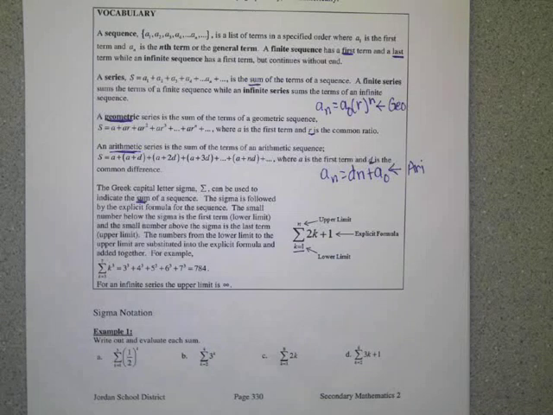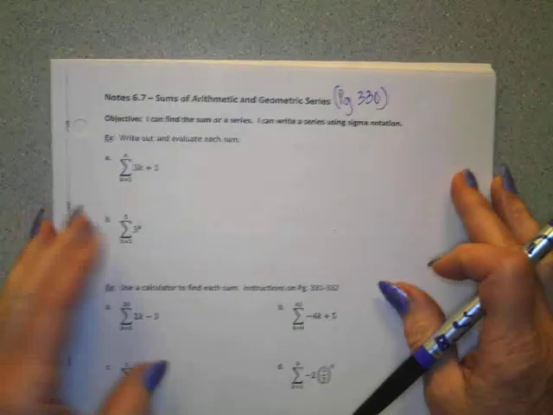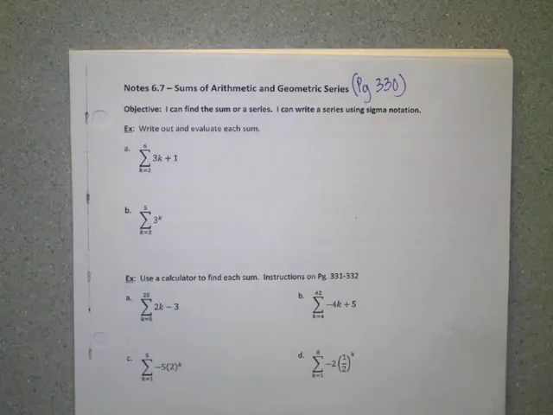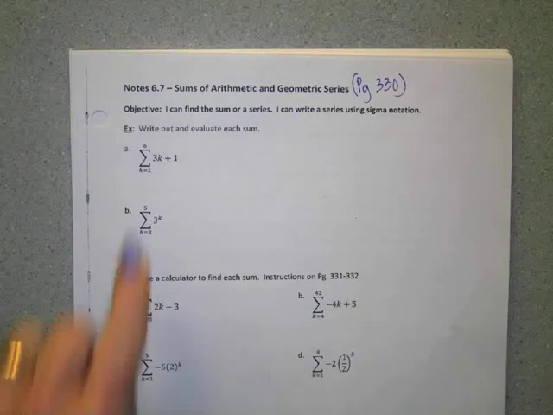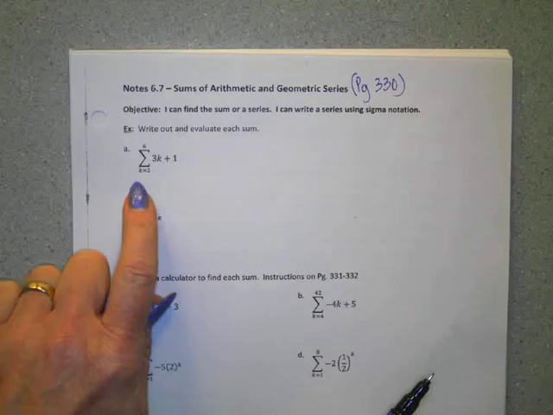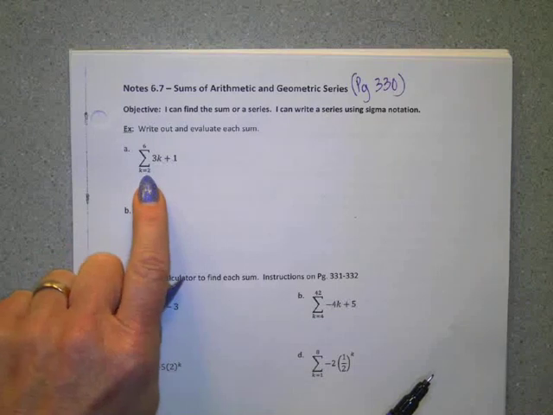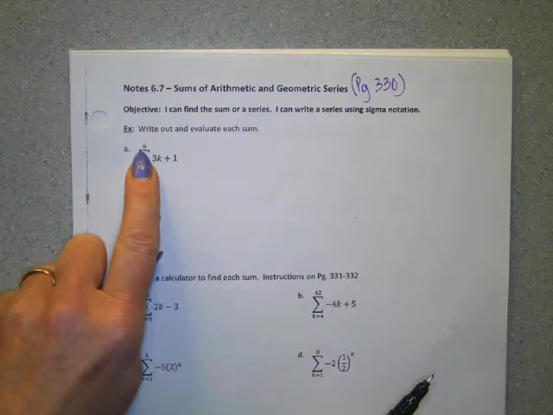Now what we're going to do is talk about what it means to write out and evaluate a sum. So back to our notes for right now, and then we'll go to our graphing calculator again in just a moment. In our workbook, they want us to write out and evaluate each sum, but notice it doesn't start at 1. It starts at 2, and they want us to stop at 6.